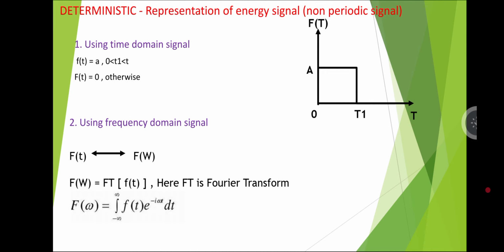The frequency domain signal is equal to the integral from negative infinity to infinity of f(t) e to the power minus iωt dt. So this is the relation.